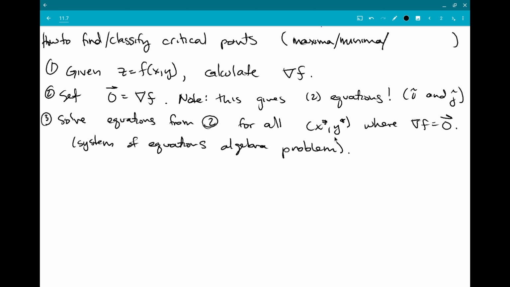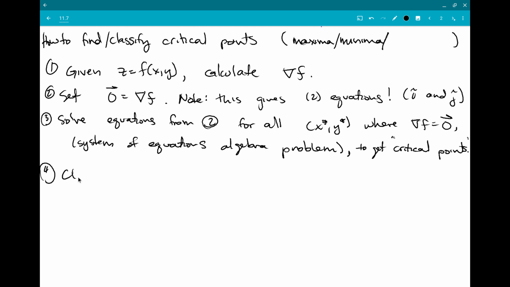And all of those x star, y star are your critical points. I'll just write right there that that's the word for what those points are, critical points.